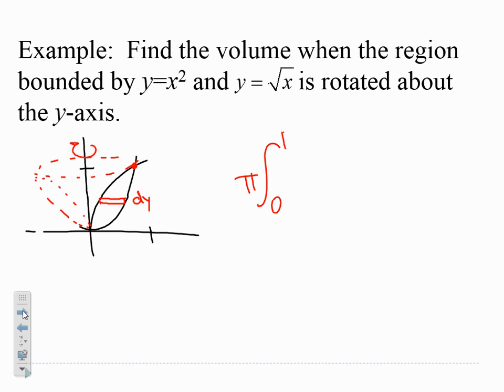Okay, so now, both of these equations are in terms of x. We want them in terms of y. x is plus or minus square root of y. So what piece are we talking about right here? Okay, so this piece is positive radical y, and then x equals y squared. That would be this one.